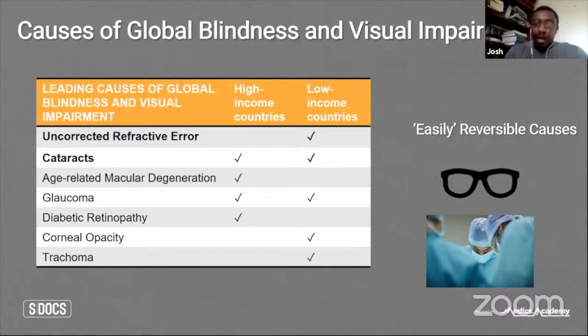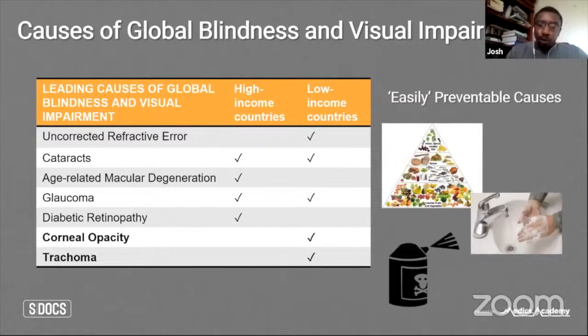They're able to get back to work, and things like that. And also it's a relatively easy surgery for an ophthalmologist to carry out. So again, really reversible causes, and yet they are some of the leading causes of global blindness and visual impairment linked with low-income countries.